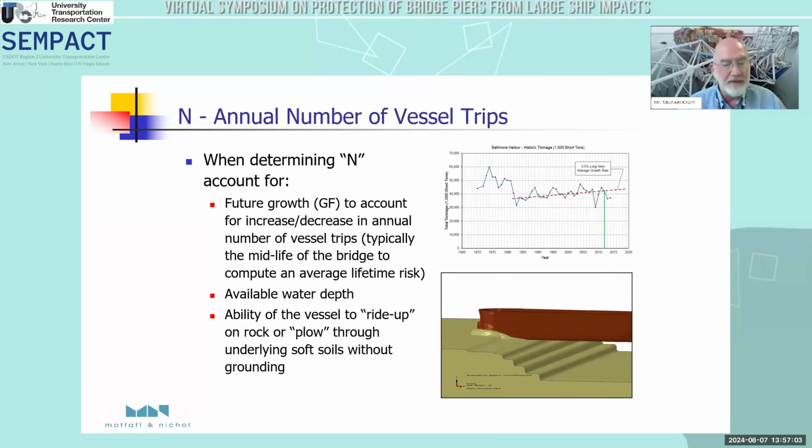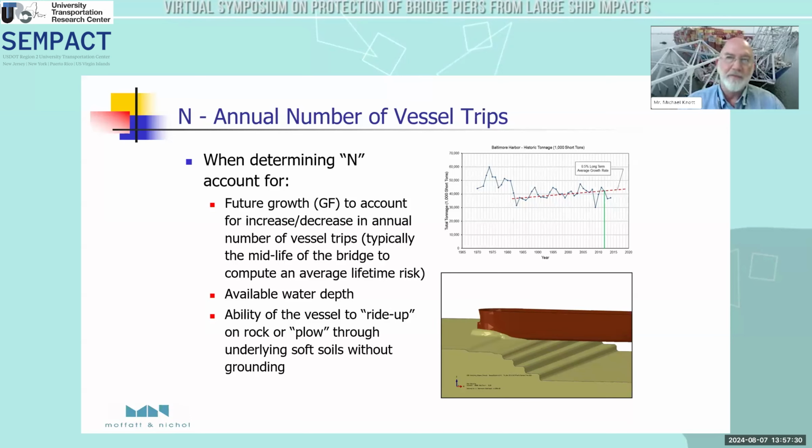So some observations on some of these factors in determining the growth over the lifetime of the bridge. We typically will go back 10, 20, 30 years in a port facility's waterway and look at the historical trend and use that historical trend to project into the future. Available water depth, we typically do the analysis from mean high water to the mud line.